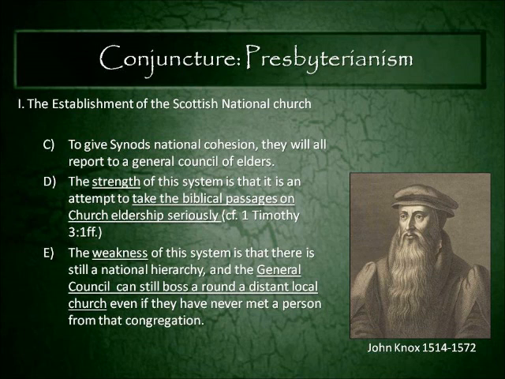And so all of these assemblies are delegate bodies. There's no one person in charge of it. And all of these bodies could rightly call the people who are represented therein elders. So the presbyteries have elders, the synods have elders, and the general council has elders.